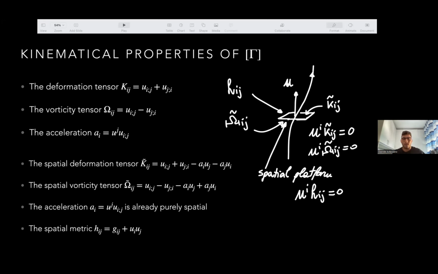So in the future of this presentation, I'm going to talk about the spatial deformation tensor. We have the congruence, and we can define the spatial metric that is orthogonal to the flow of the congruence. Here we can define the spatial deformation tensor, which is like the projection orthogonal to the flow, and then we have the vorticity tensor and so on.